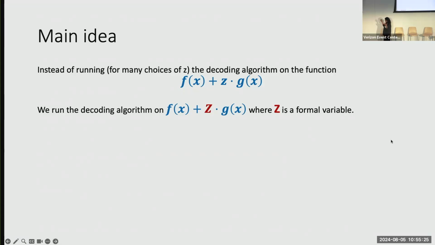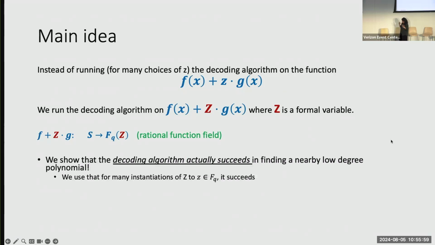The way we take into account the information of all z's at once is to consider little z replaced by a formal variable capital Z, and look at the function f of x plus Z times g of x, where we don't substitute z to be the little values, the field constants, yet. We view it as a global variable and run the decoding algorithm for this much stranger object, and just start running the decoding algorithm and see what obstacles we run into.